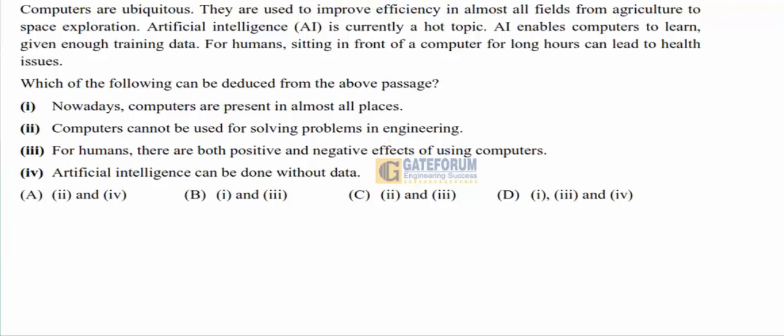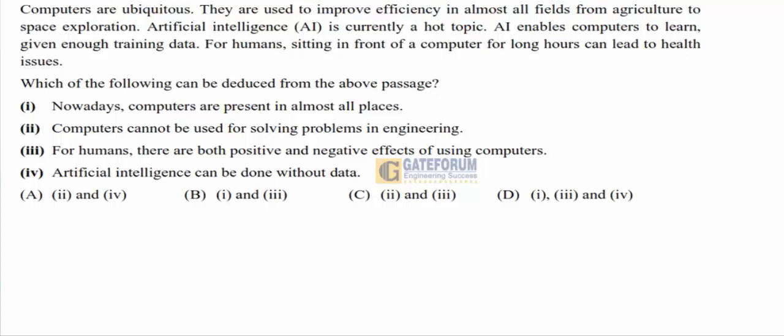AI enables computers to learn given enough training data. For humans, sitting in front of a computer for long hours can lead to health issues. This is the passage. The question asked is, which of the following can be deduced from the above passage?